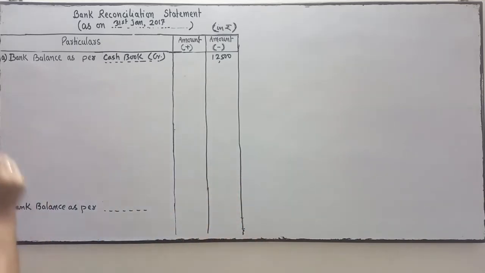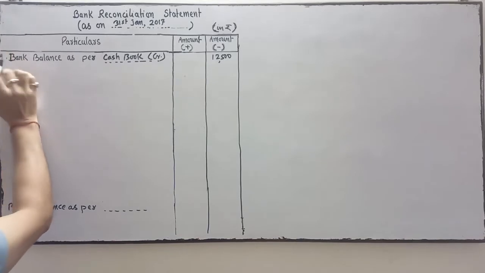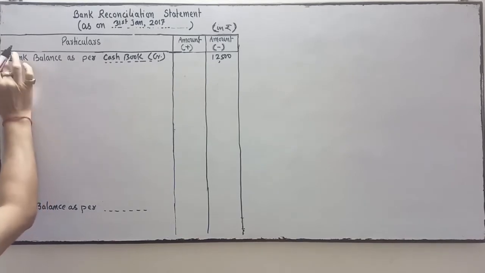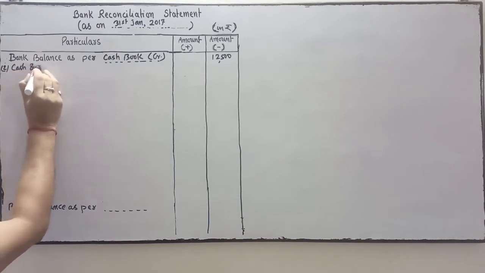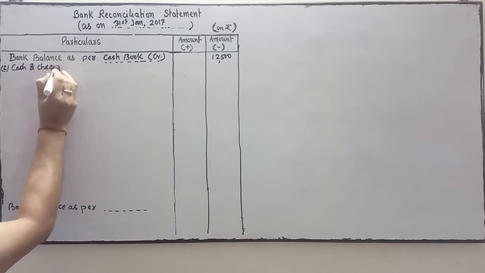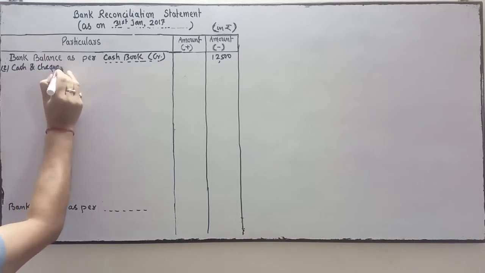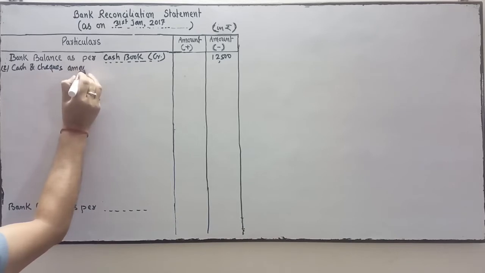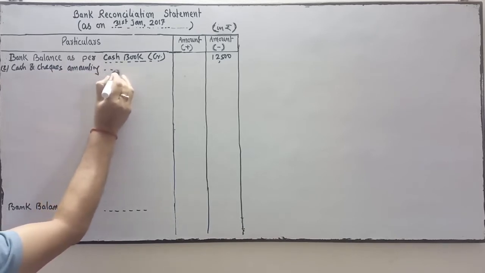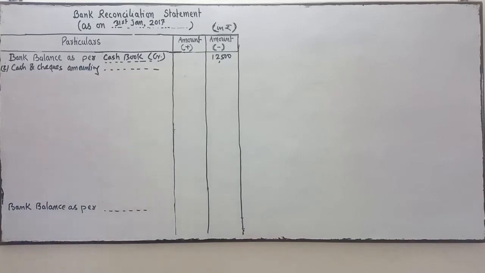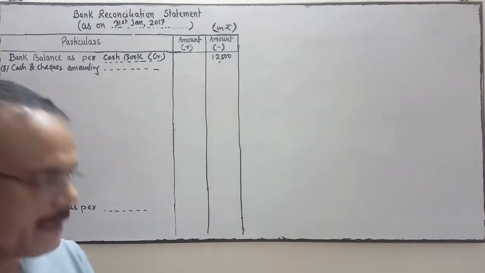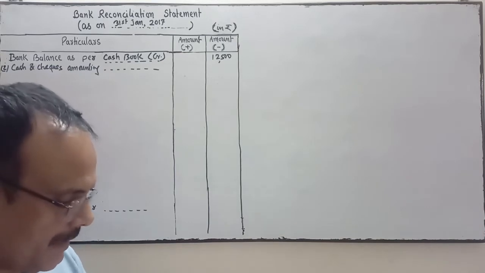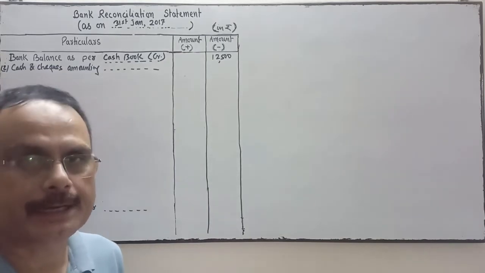So the first one is cash and checks. You write the complete sentence first: cash and checks amounting to rupees 1,340 were sent to bank on 27th January.